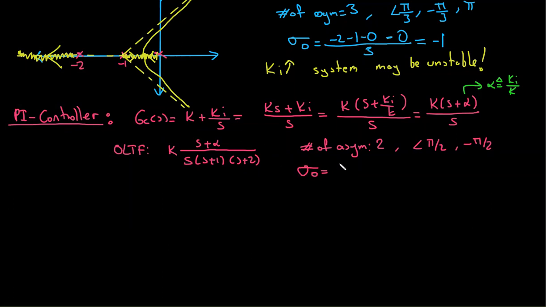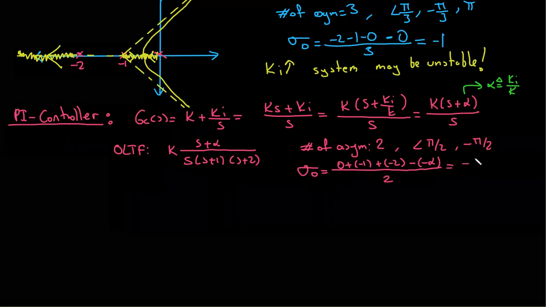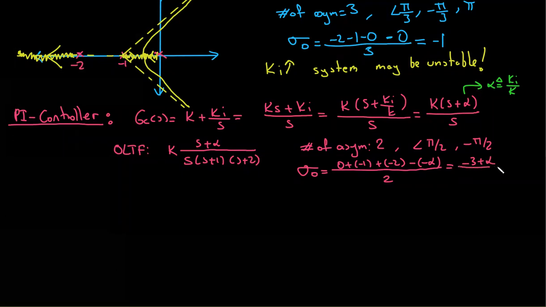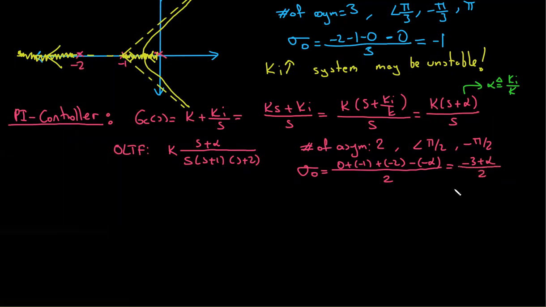So summation of the poles equal to 0 plus minus 1 plus minus 2, minus, and I have a zero at minus alpha, so it is equal to minus 3 plus alpha divided by 2, okay.